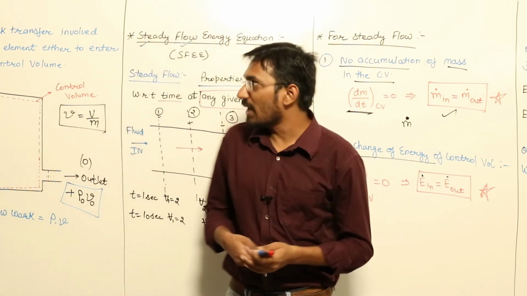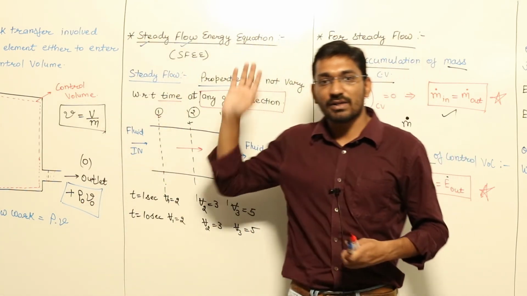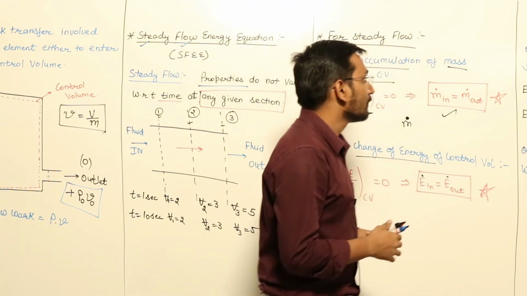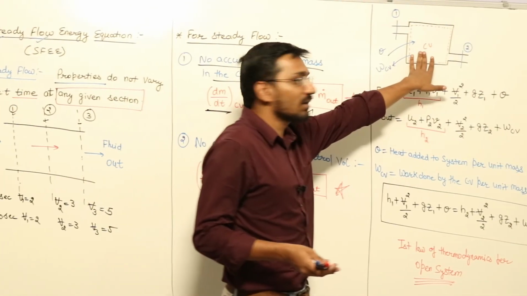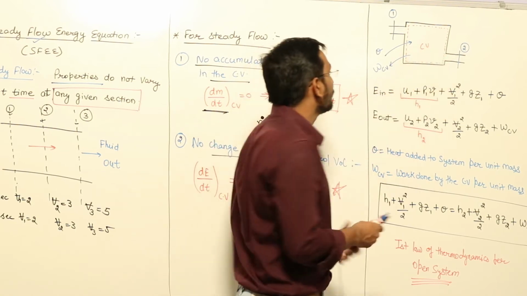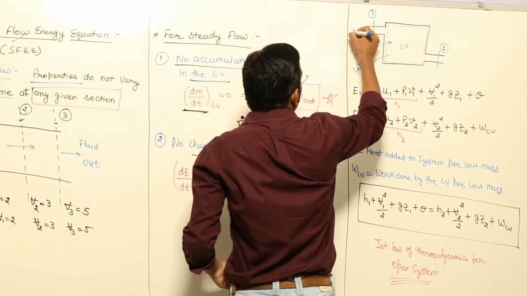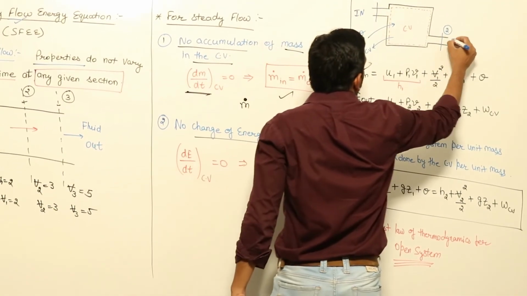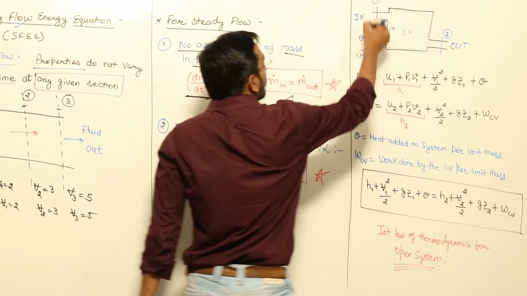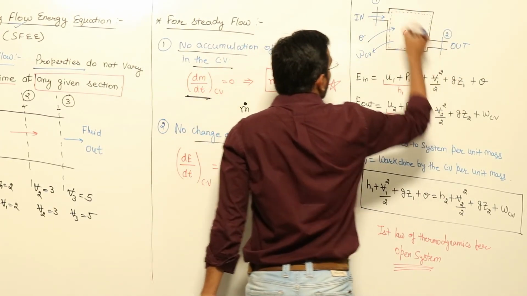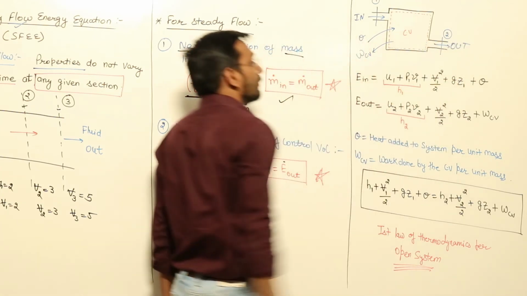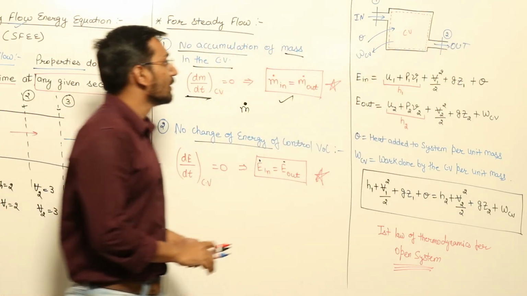Now our topic will be the steady flow energy equation. Suppose I am again drawing this. This is the control volume. This is the inlet and this is the outlet. Fluid is flowing in this direction into the system, and it will go out from this point.